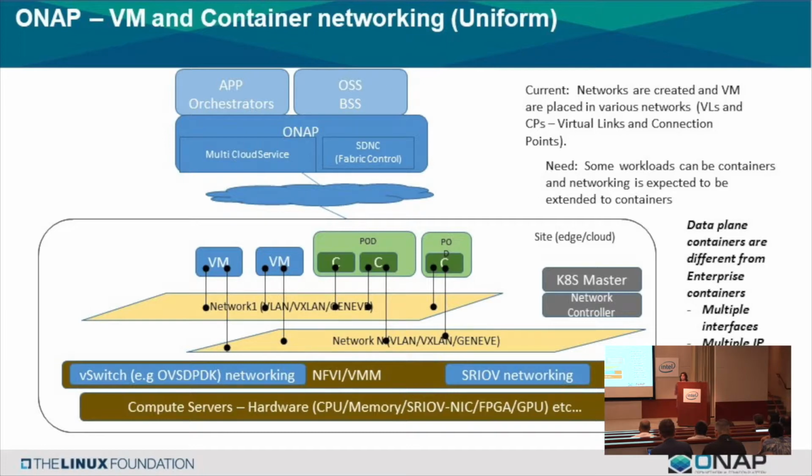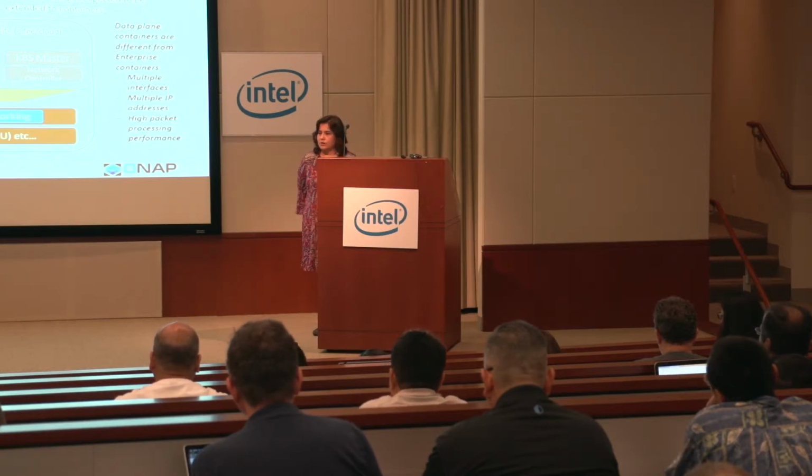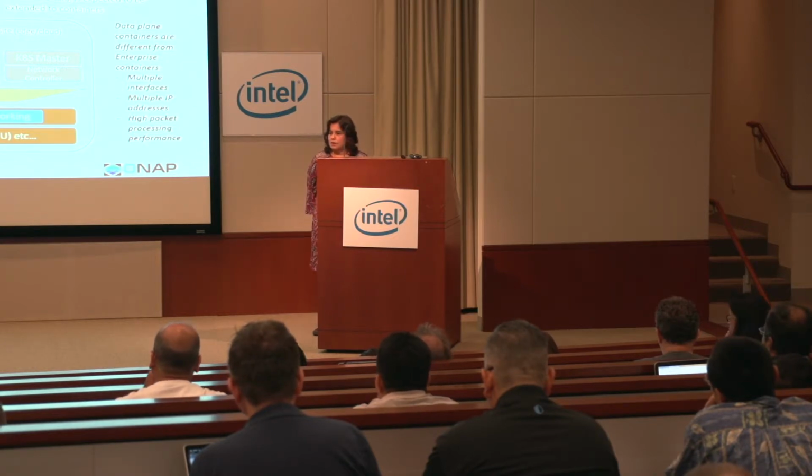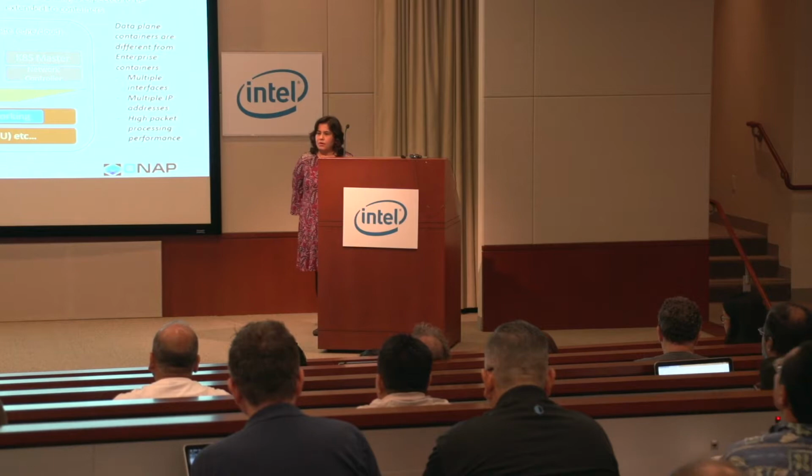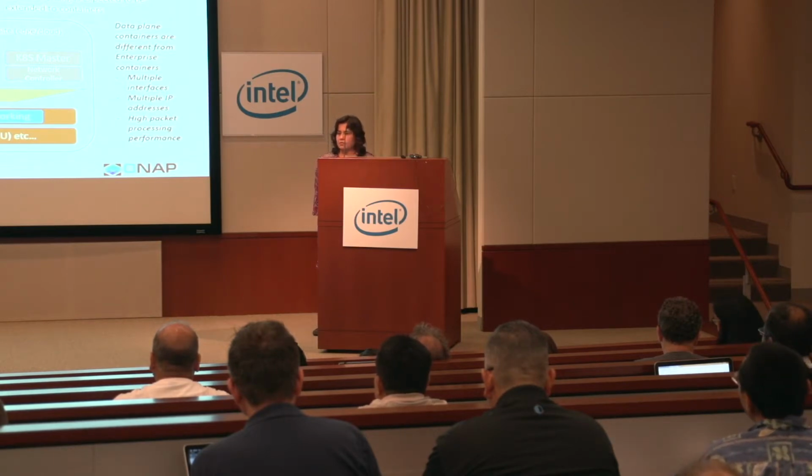On the other side, there are projects in the industry like Multus from Intel, which allows containers to have multiple interfaces and multiple IP addresses. We'll be using the Multus project in ONAP. Another requirement which data plane containers have is high packet processing performance, and we'll see in the subsequent slides how we are going to address that also.